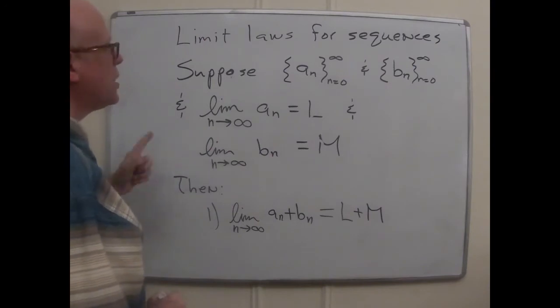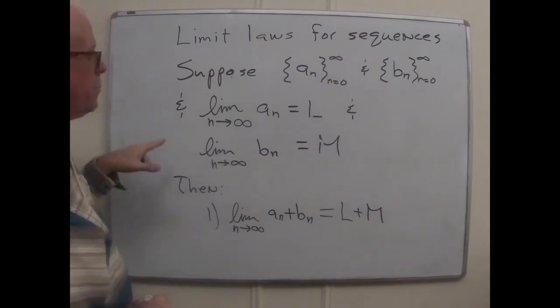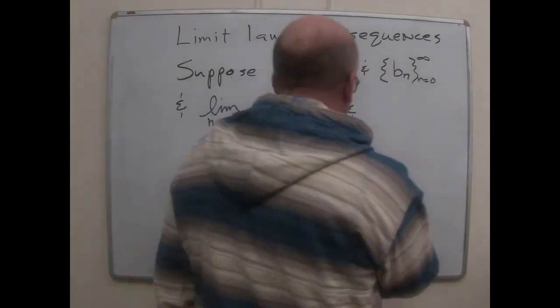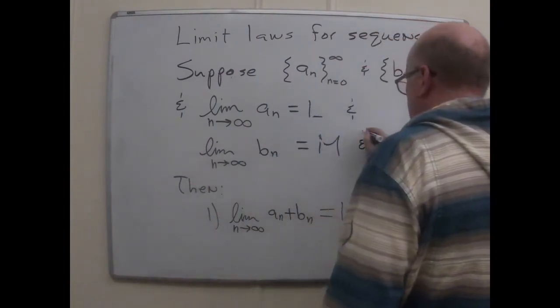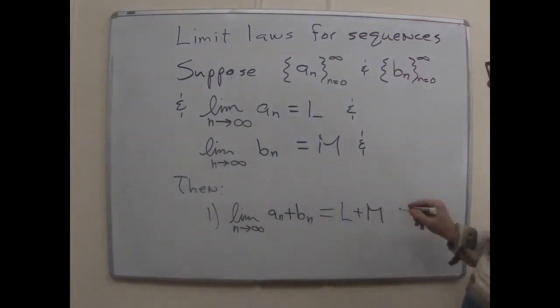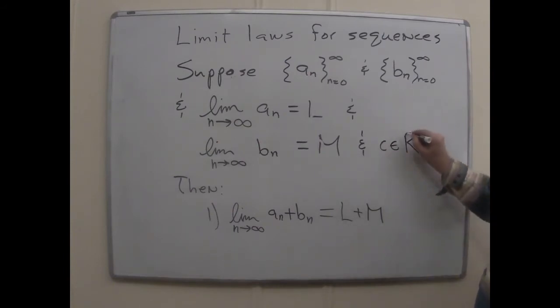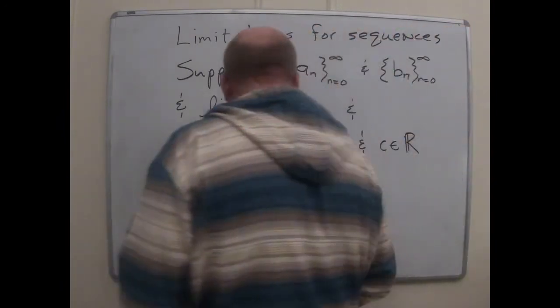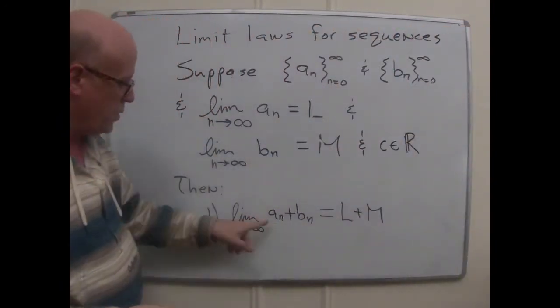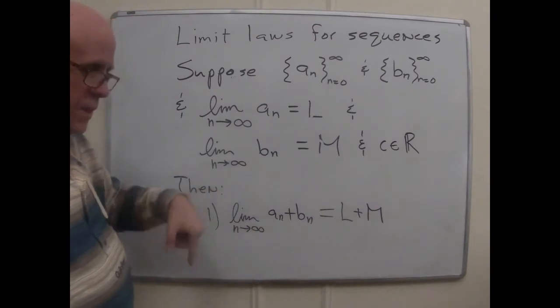Another thing, I probably need one more thing up here. Yeah, I do. Let's add a piece to this that I want to have a real number floating about. So C is an element of the reals. Why? Because the next law says that essentially you can take constants out of limits.